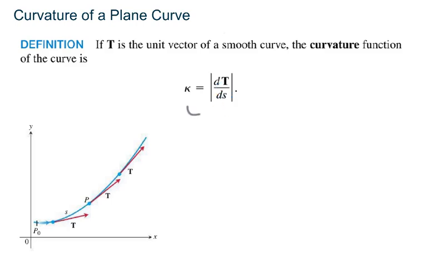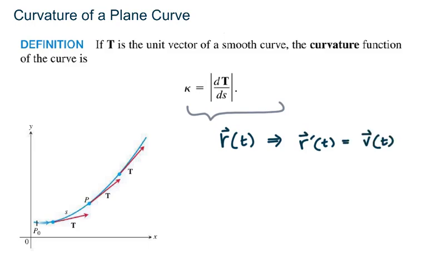So in case we haven't been up to date on all of these videos, let's recall a few things considering where these values are coming from. R of t, this vector R of t, that's my position vector. And we know that if we take the derivative of my position vector, that gives me my velocity vector.